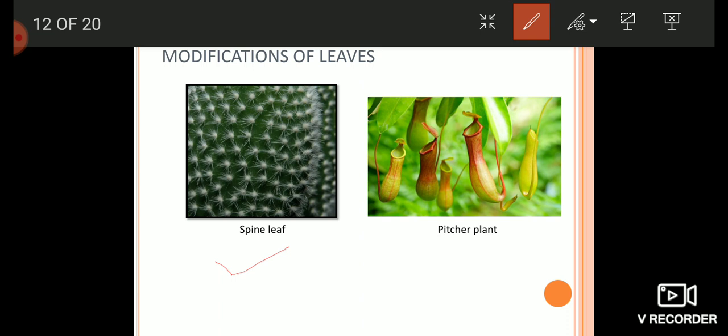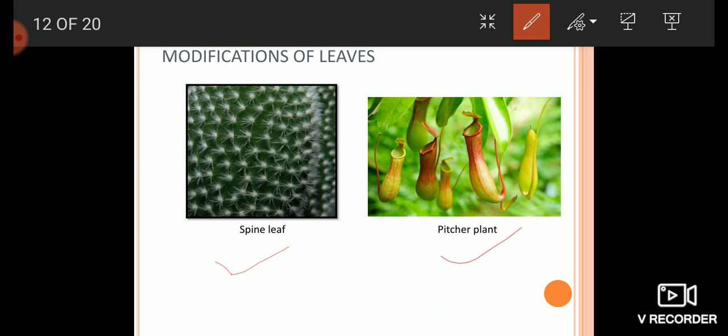To make up for this deficiency, they have developed various methods of trapping insects. So they form a pitcher and feed on them for nitrogen. These plants, however, can also prepare their own food through photosynthesis. So this is the pitcher plant.